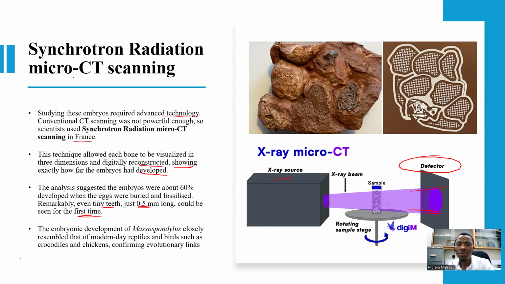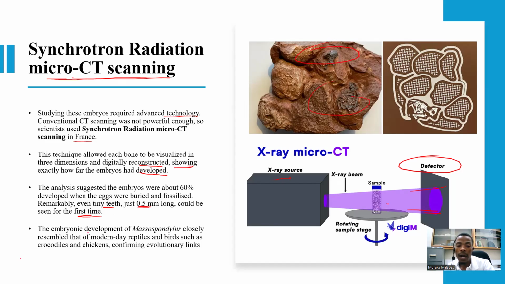So we are thankful to this synchrotron radiation micro CT scanning, because these 0.5 millimeter tiny teeth were observed for the very first time. Even the bones were seen, so that they were able to reconstruct them.